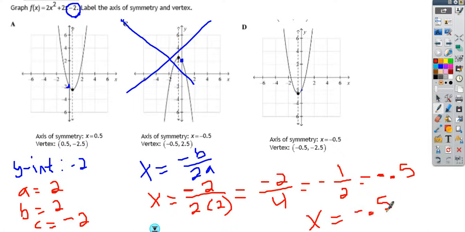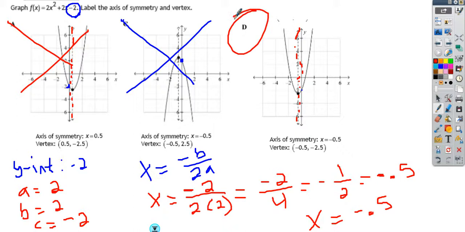Well, in A, we notice that the axis of symmetry is right here, but that goes through a value on the positive x-axis, and it looks like a positive 0.5. So it cannot be it, because our axis of symmetry is -0.5. So where's my x equals -0.5? That would be, oh, looks like right here. That would be this equation, and that's answer D. So that is the correct answer.